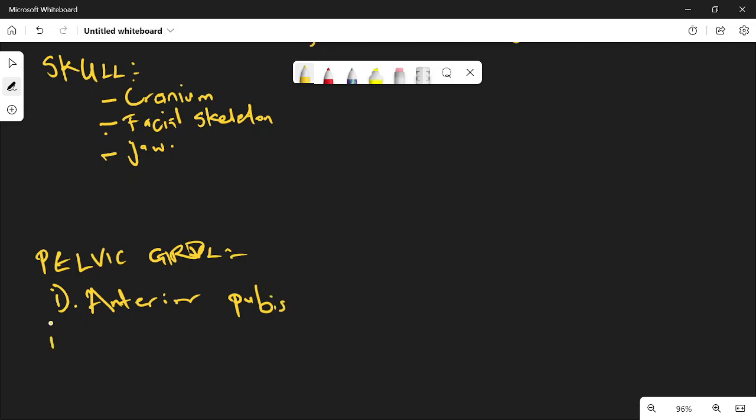Number two, it has the posterior ischium. And number three, it has the obturator foramen.